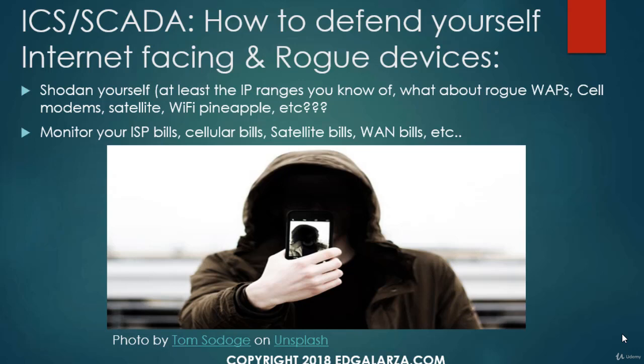The other note to keep in mind is you should also monitor your internet service provider bills, your cellular provider bills, satellite bills, and wide area network bills, because this could be an indicator of malicious activity within your environment.